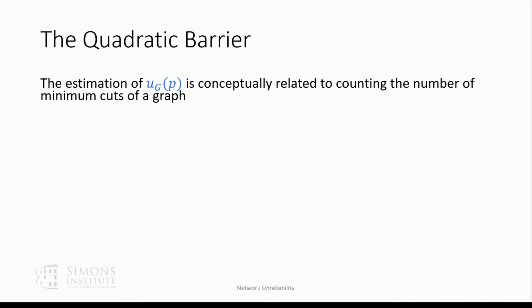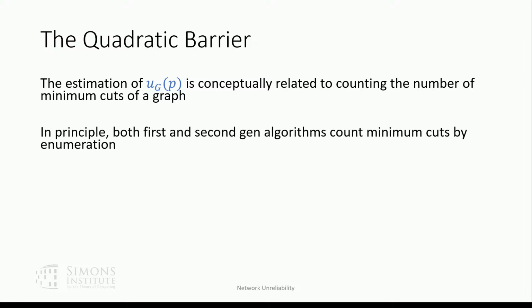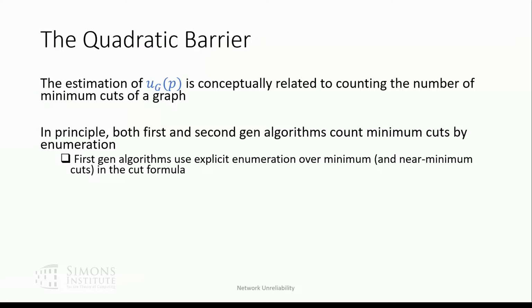Now, how are these algorithms counting minimum cuts? In principle, both the first and second generation of algorithms count minimum cuts by enumeration. In the first generation, it's completely explicit. It says take all these small cuts, and I'll actually write out a formula where I enumerate all these cuts. So it's an explicit enumeration of the minimum cuts.